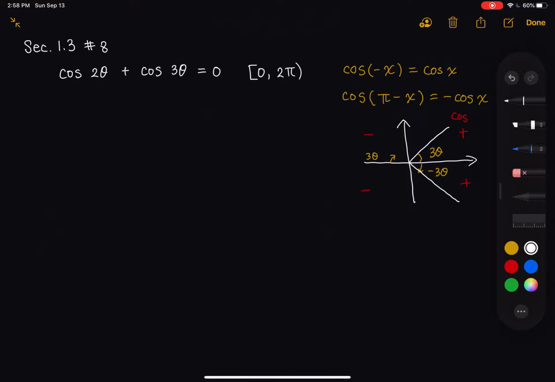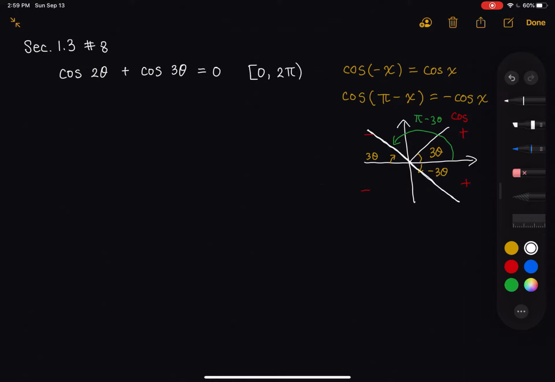And you get this line, which is a straight line from here to here. Because you're going back 3 theta from pi, if you want to calculate how big this angle is, that angle is pi minus 3 theta. So this is the identity that we're basing on.